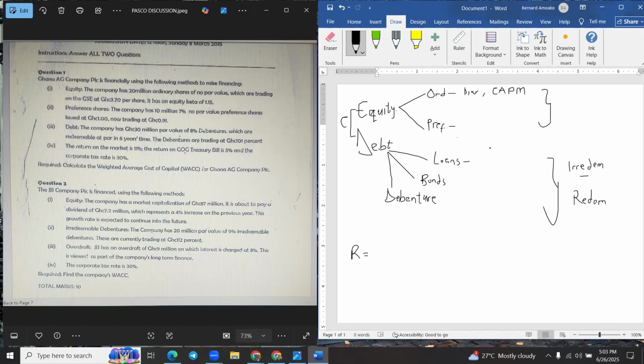So that would only factor what we call the interest over, our formula says the interest over the market price, and that would give us the cost of capital.